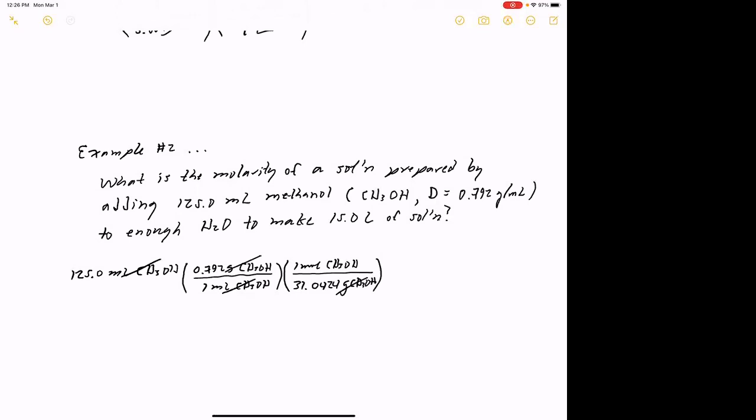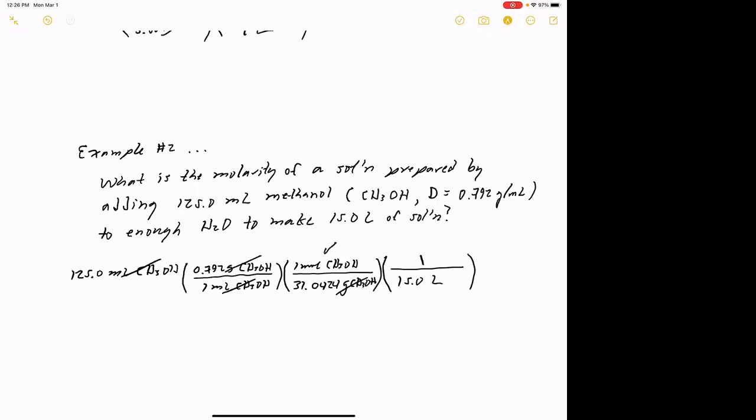Now, all I need to do is divide that by my volume, which is already in terms of liters, and that'll give me the right units for molarity. Okay, so I'll just tack that onto the end here. Again, I'll just put a 1 as my placeholder here so I know to divide. And that's going to be divided by 15.0 liters of total solution. Okay, so notice what I get.